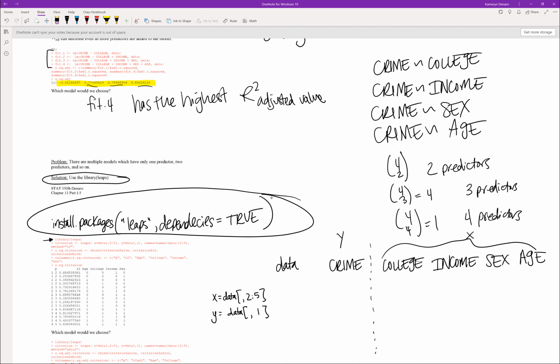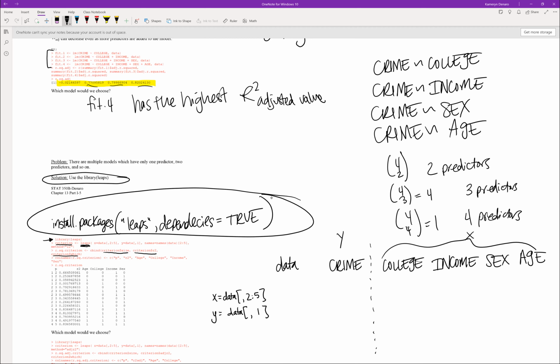And when I do this, I'm saving the output of this Leaps function to an object called criterion. And then I'm picking off the size, the R-squared value, and which variables were selected.